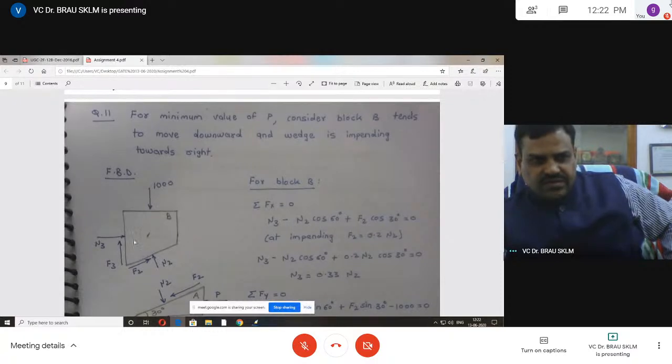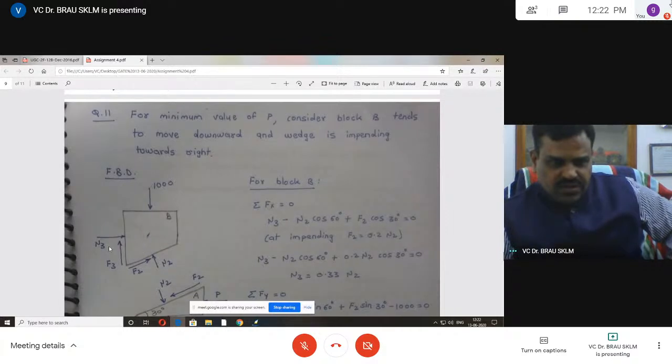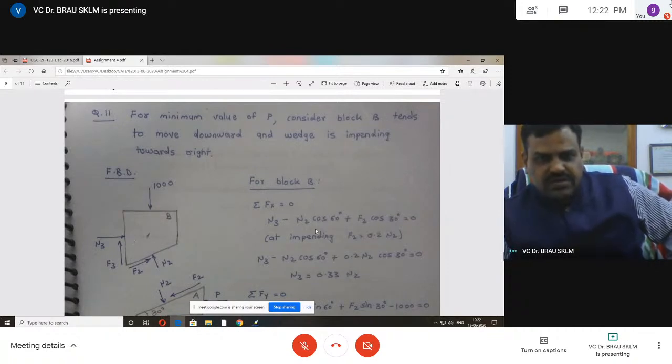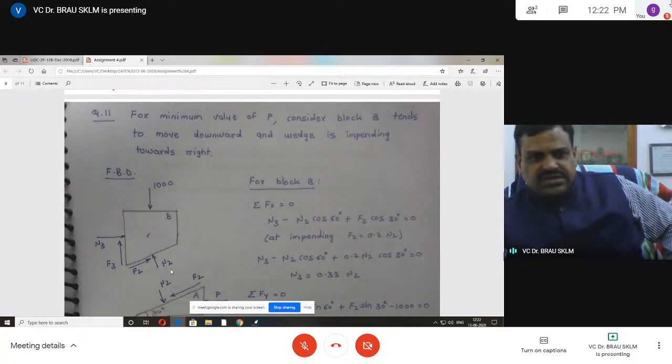F3 is N2, F3 is here. This is the vertical, Fx and Fy. You have to consider the equation. F2 cos 30 horizontal force. F2 cos 30 plus N3 plus N2 cos 60.